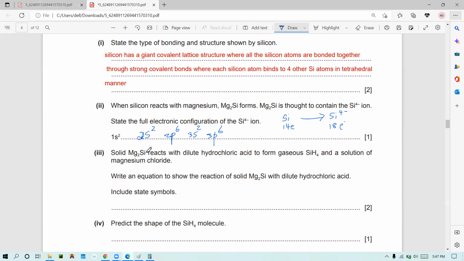Solid Mg2Si reacts with dilute hydrochloric acid to form gaseous SiH4 and magnesium chloride solution. Balanced equation is Mg2Si plus HCl gives SiH4 plus magnesium chloride.